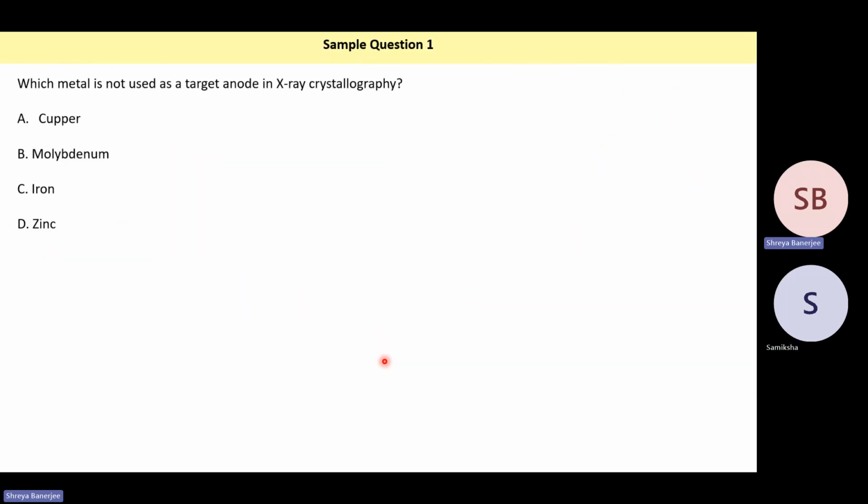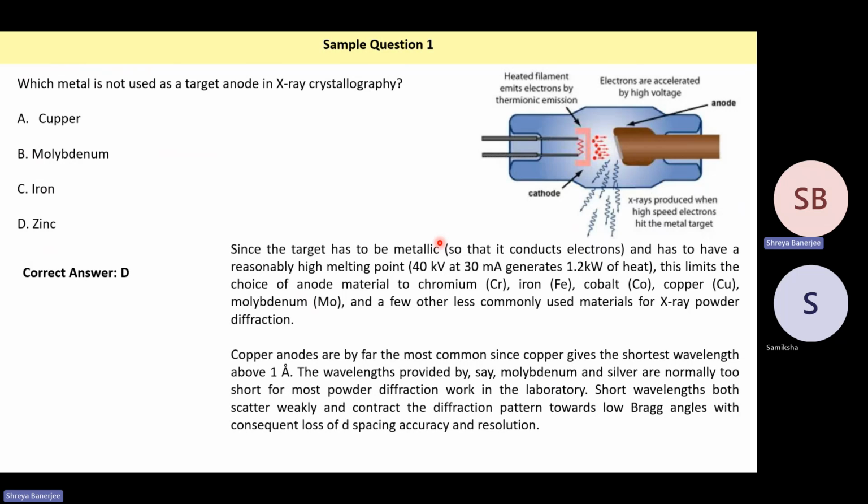So one question is: which metal is not used as a target anode in X-ray crystallography? Iron. No, it is actually zinc. The requirement for the target is that it has to be metallic and it has to have a reasonably high melting point.